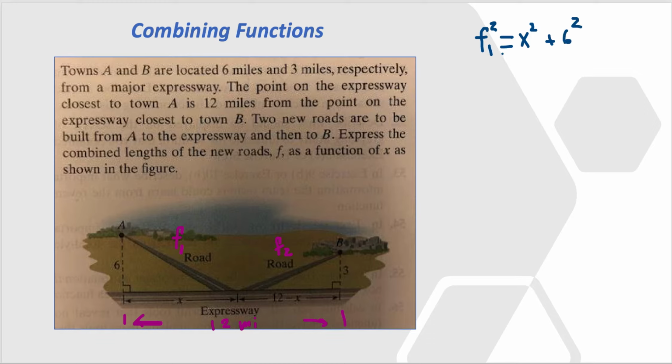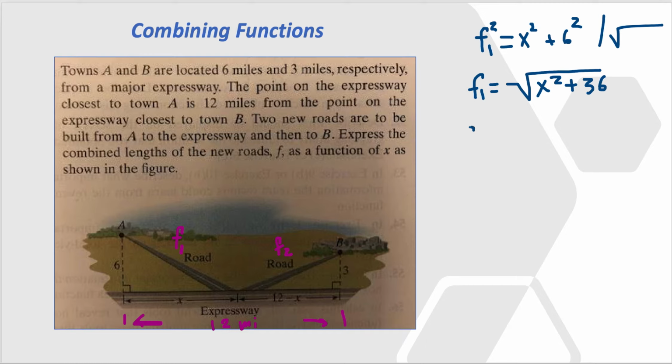And now if we solve this for f1 and take the square root of both sides, f1 is going to have two solutions, plus or minus the square root of x squared plus 6 squared. But because we are in a real-world situation, we are taking just the positive value, which is equal to the square root of x squared plus 36.